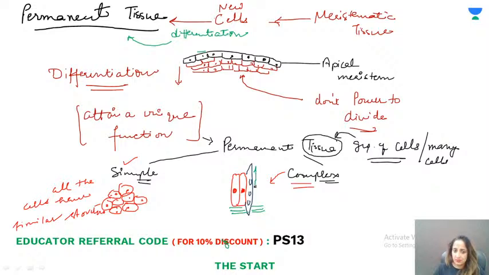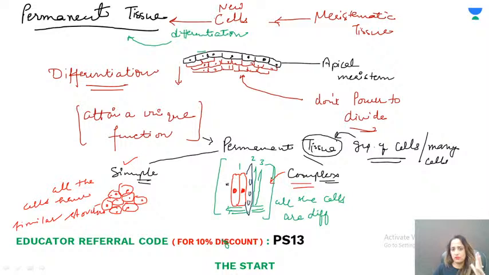Some cells are in the form of fibers. So this is what we call complex. You see, all the cells are different. We have 1, 2, 3 and almost 4. It is a very rough diagram to make the point clear to you. So this is your complex permanent tissue.